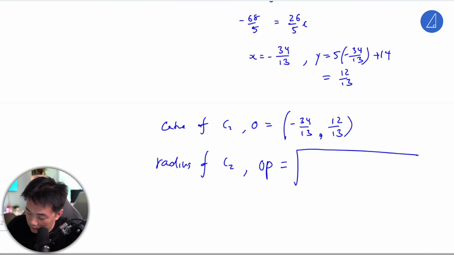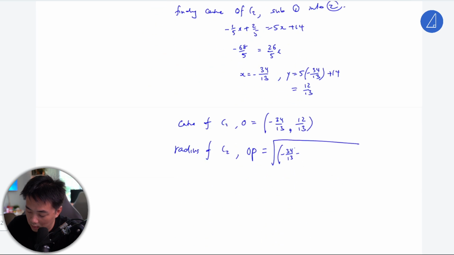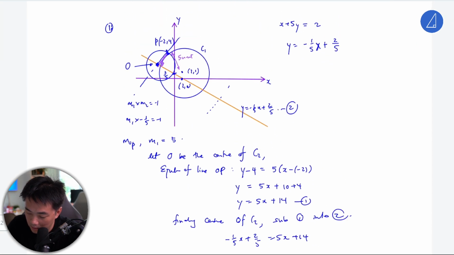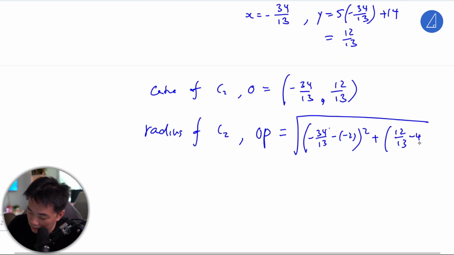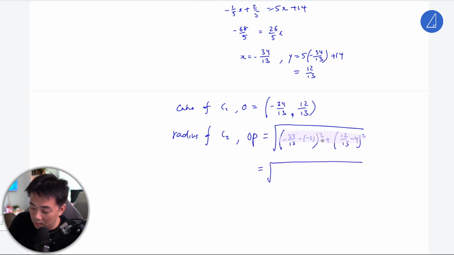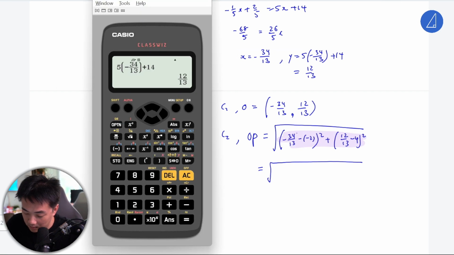So this will be -34 over 13 minus 2, plus 12 over 13 minus 4, squared. Now just take note, you don't need to square everything because essentially what we need is the equation of circle later. So you just key in whatever is inside here. Okay, because we need to square it later anyway. So I'm going to key this in.